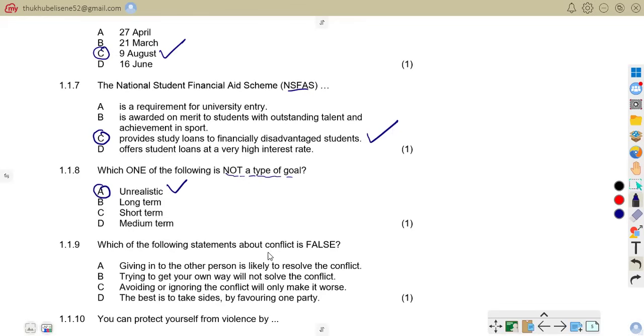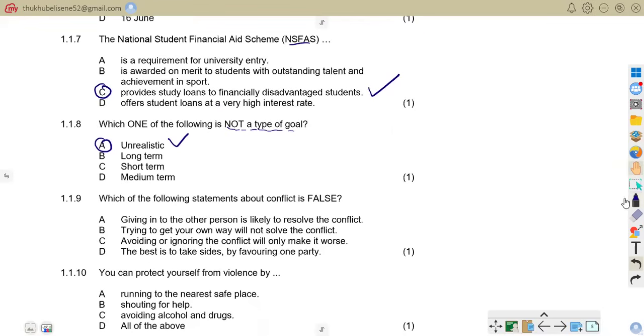Moving on to 1.9. Which of the following statements about conflict is false? We're given four options. Giving aid to the other person is likely to resolve the conflict. Trying to get your own way will not solve the conflict.